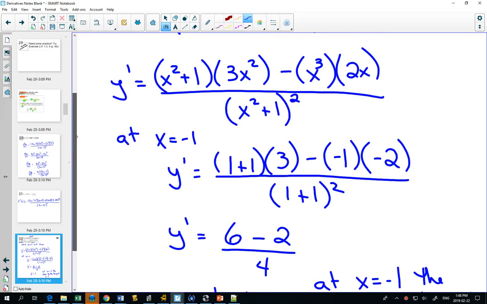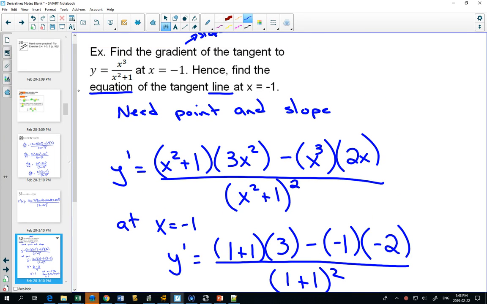Now, if I scroll back up, the two things I need are a point and the slope. I now know my slope is equal to 1. I need a point. Well, I'll just do it off to the side right here.